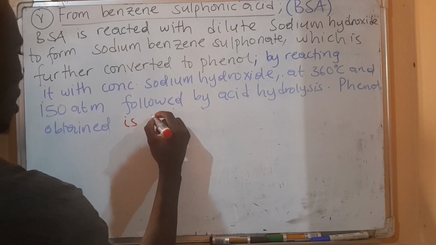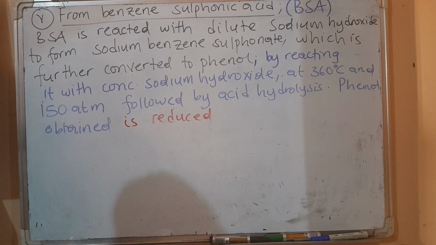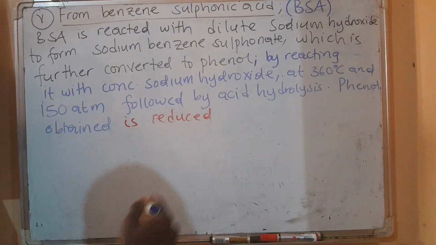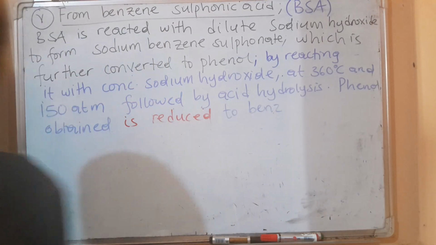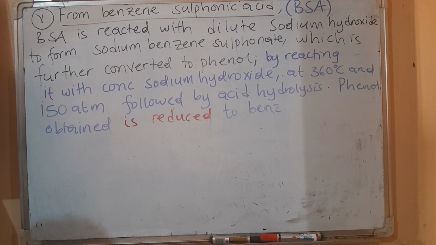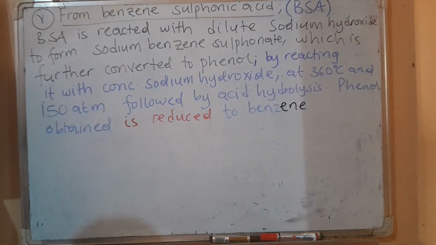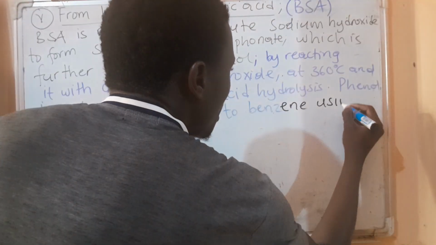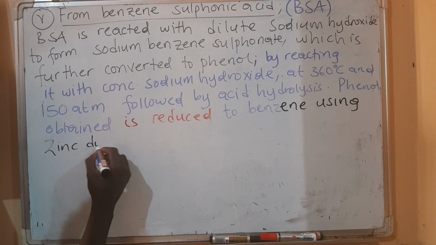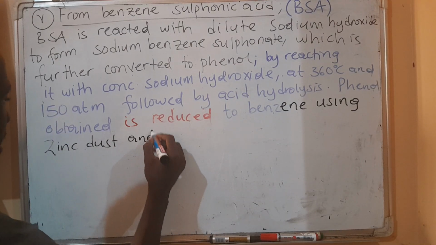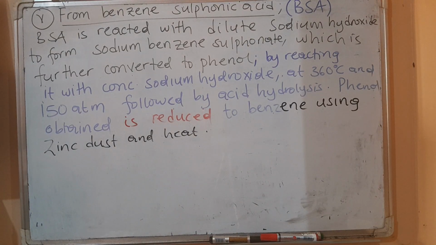Phenol obtained is reduced to benzene. Phenol is reduced to benzene using zinc dust and heat. So that is the indirect way of preparing it.